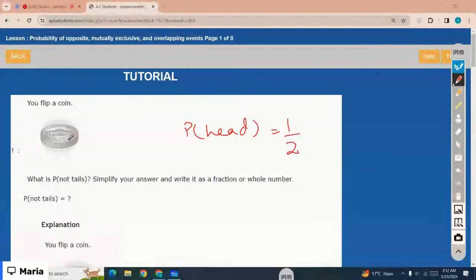Because there are two outcomes and the probability of heads is just 1 by 2. So the probability of heads is 1 over 2. Got it?